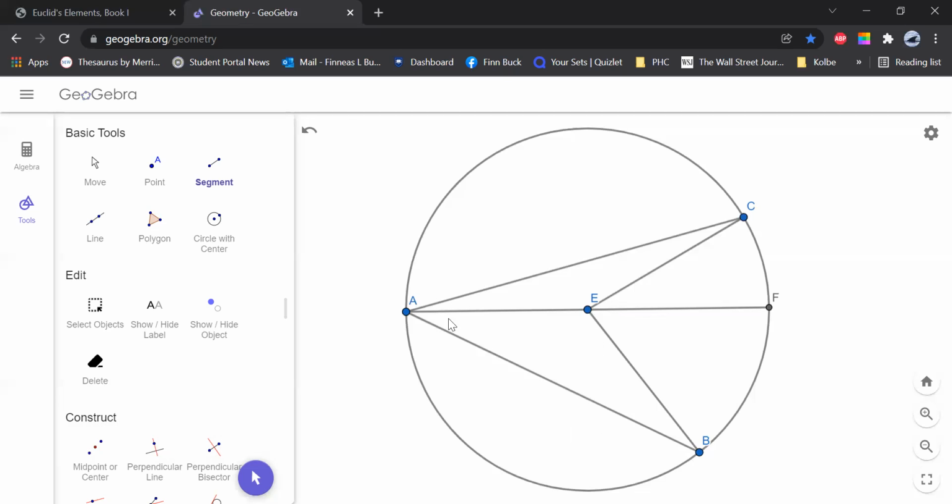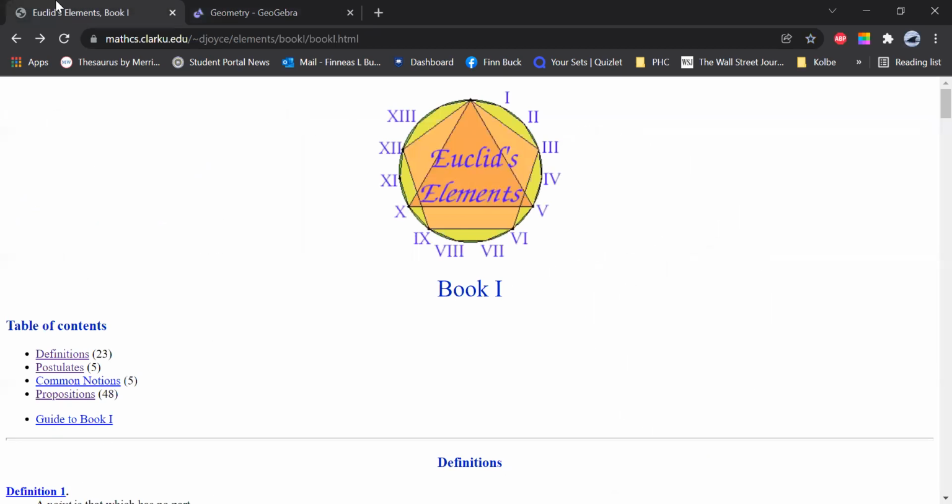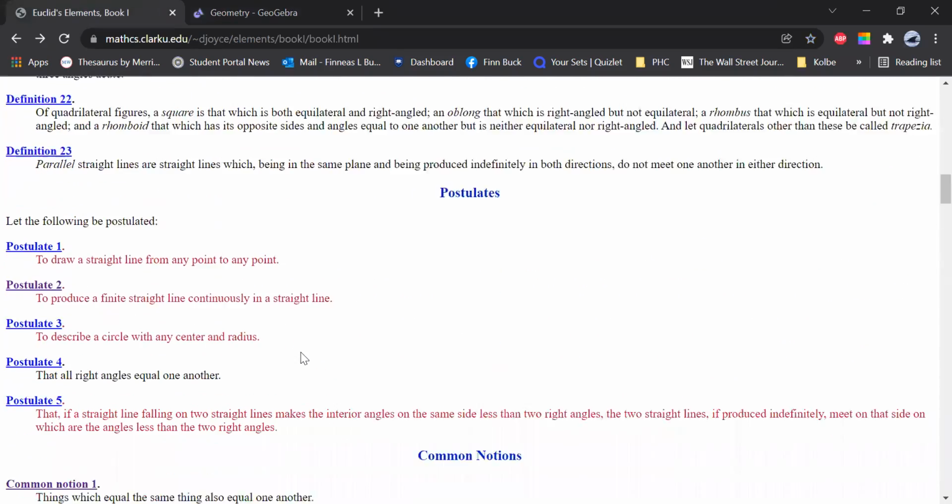Next, because these two segments equal each other, these angles, EAB and EBA, equal each other. The reason for this comes from proposition 1.5. I can actually pull it up for simplicity.